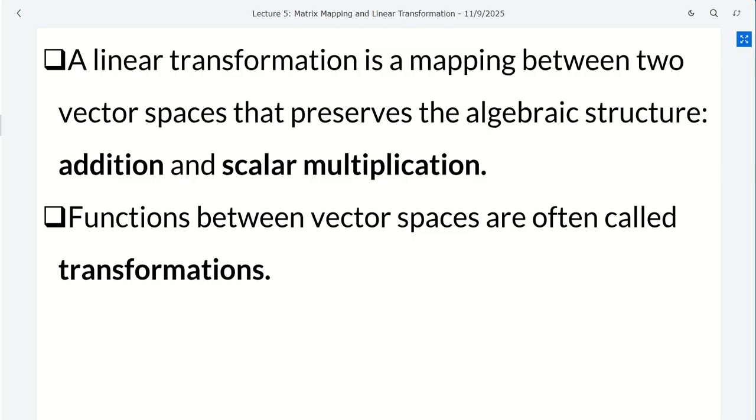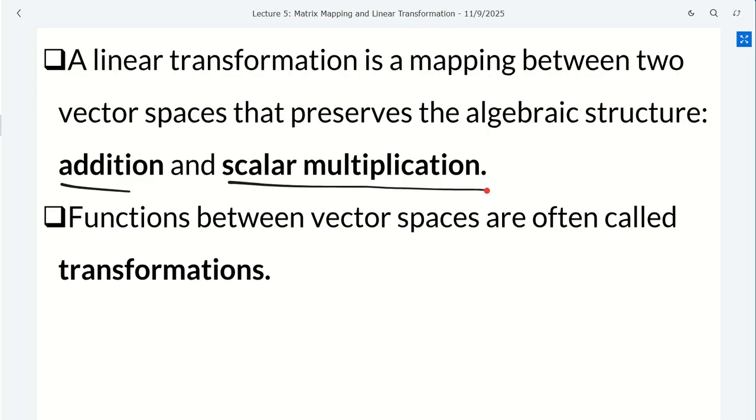So a linear transformation is a mapping between two vector spaces that preserves the algebraic structure, the addition and scalar multiplication. These structures have to be preserved. When that happens, that's why we call it a linear transformation. If these two structures are not preserved, it is not a linear transformation.